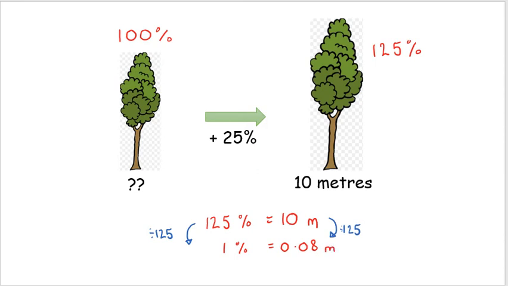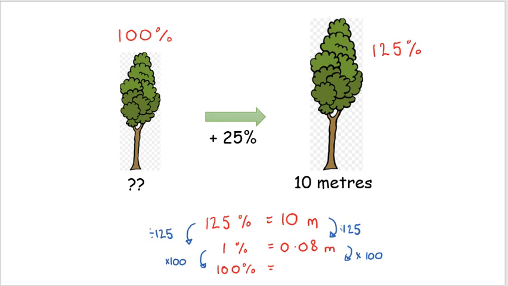But from here, 1% is a great percentage because I can work out any other percentage by just multiplying. So from 1% to get back to my 100%, I'm going to multiply by 100. So multiply both sides here by 100. Therefore, 1% becomes 100%, which was the original height of the tree.